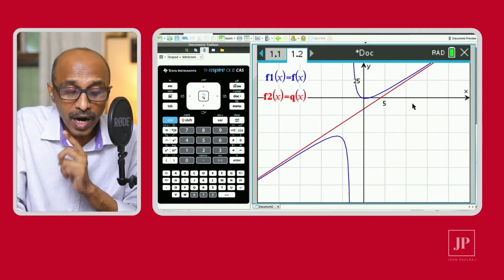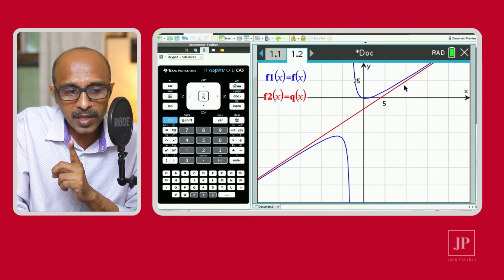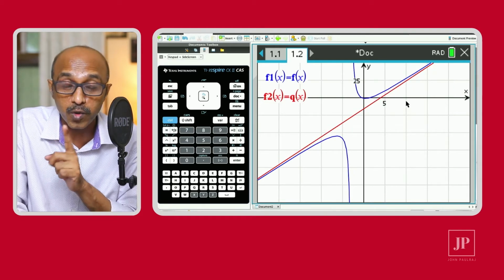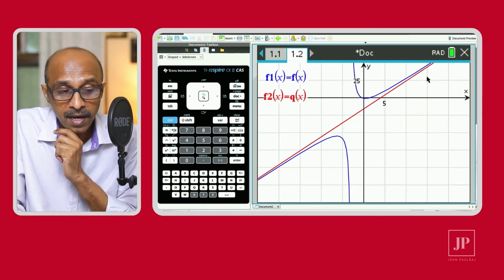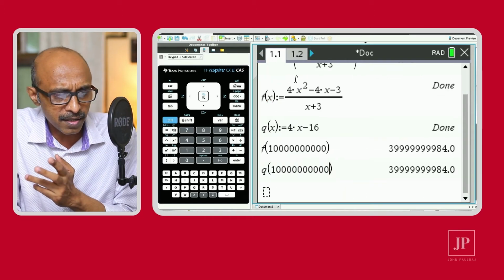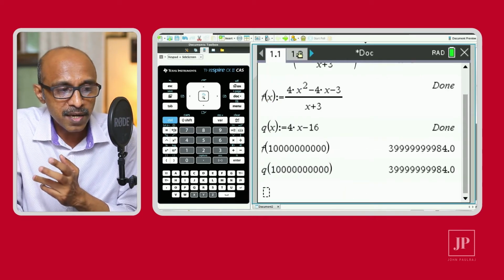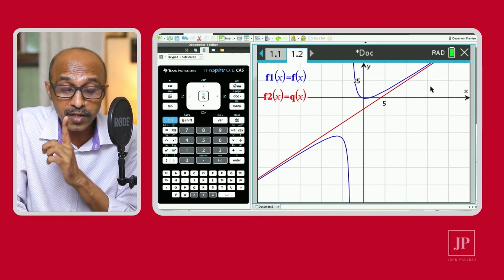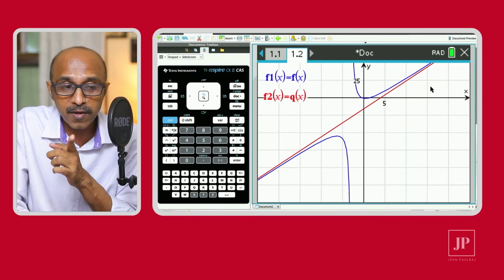Whoa. Graphically, you can see that after some values, the blue graph and the red graph are almost running parallel, almost like a straight line. The red line, of course, was the quotient function, the equation of the straight line, 4x minus 16. But the blue graph was a rational function with the degree of the numerator greater than the degree of the denominator.